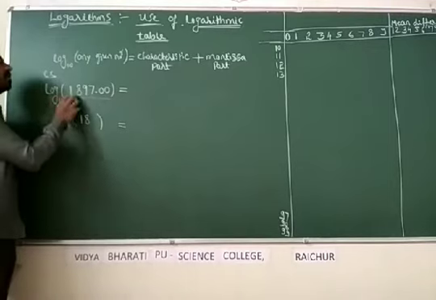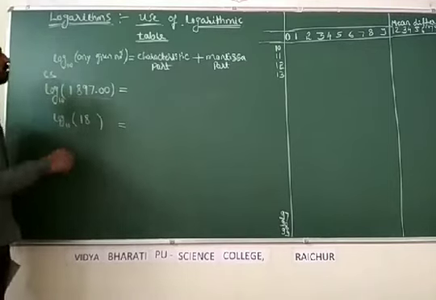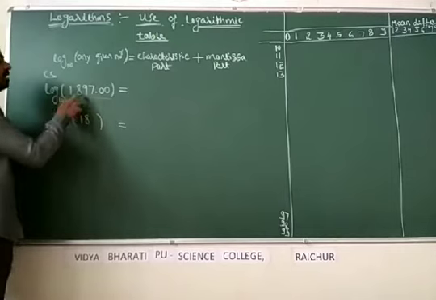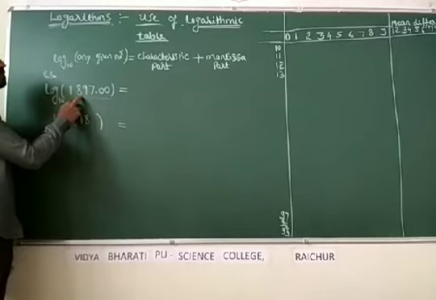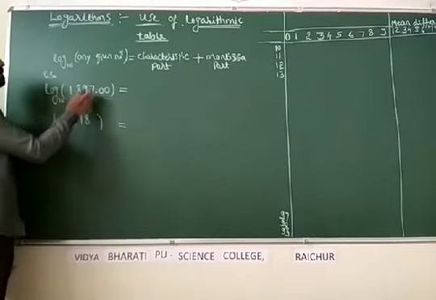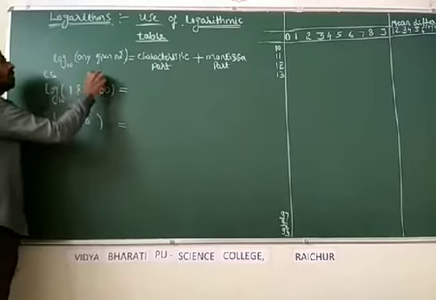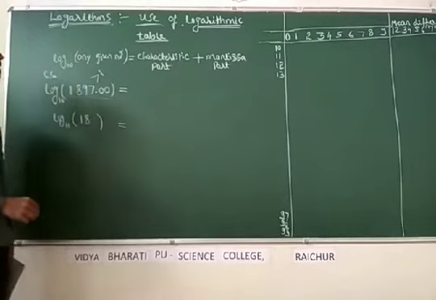While finding the logarithmic value of this number, first we have to find the characteristic of this number. And to find the characteristic part, first it has to be seen whether the number of which the logarithmic value is to be found is greater than 1 or less than 1. 1897 is greater than 1, no doubt about that.